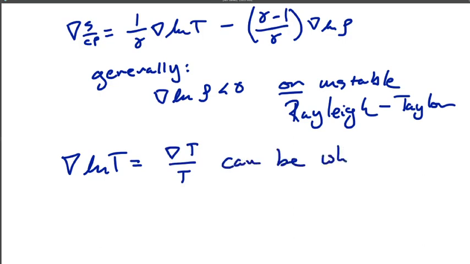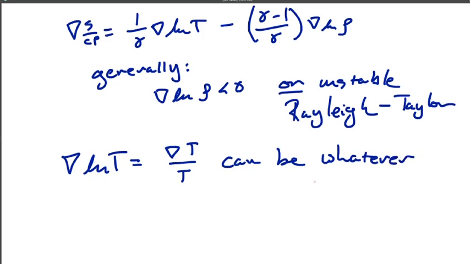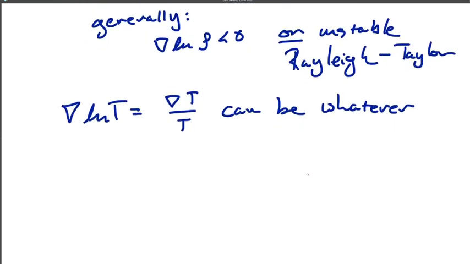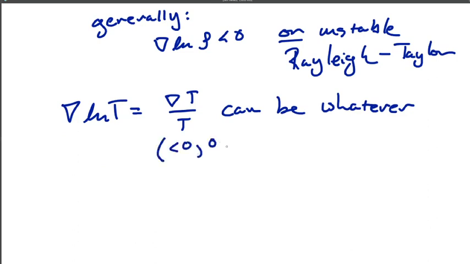As we saw in our drawing of the Earth's atmosphere, the gradient goes positive and negative as we move up through the atmosphere. Negative in the troposphere, positive in the stratosphere. So this can be less than 0, this can be 0, this can be greater than 0. It can be whatever.